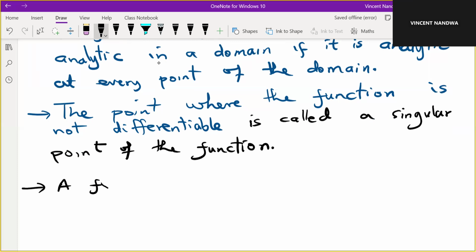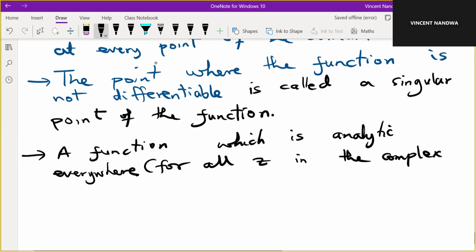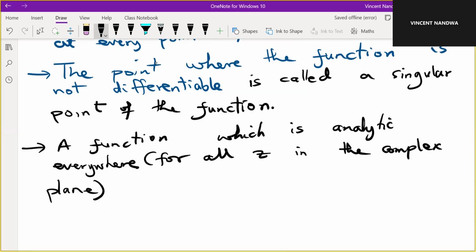A function which is analytic everywhere, this to mean for all z in the complex plane, is known as an entire function.